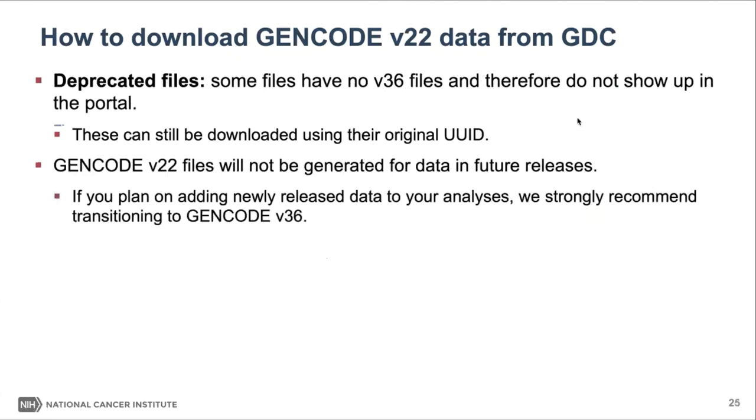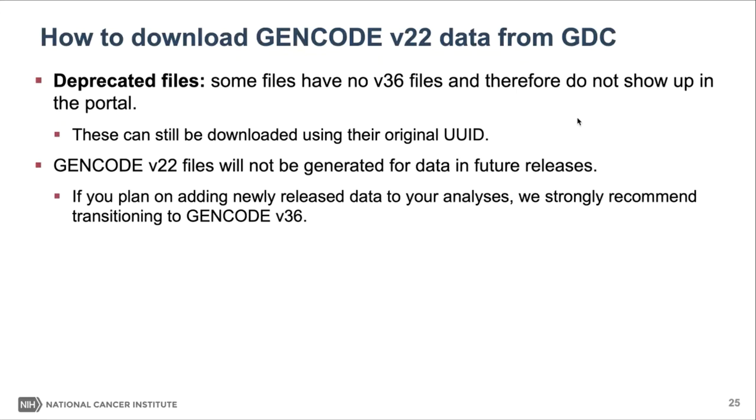We also have some deprecated files, like the methylation liftover files or logistic files. These are files that have no v36 version, and therefore they just do not show up in the portal. These can still be downloaded using their original UUID or original manifest. And something that we want to let everyone know is that GENCODE version 22 files will not be generated for data in future releases.